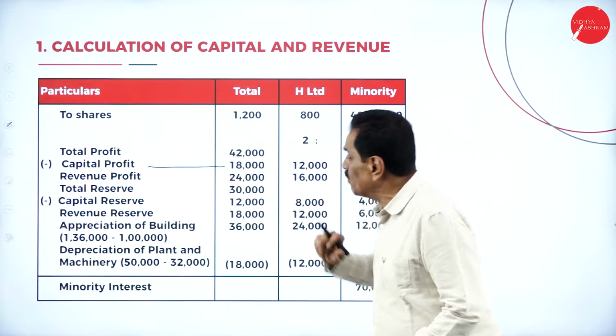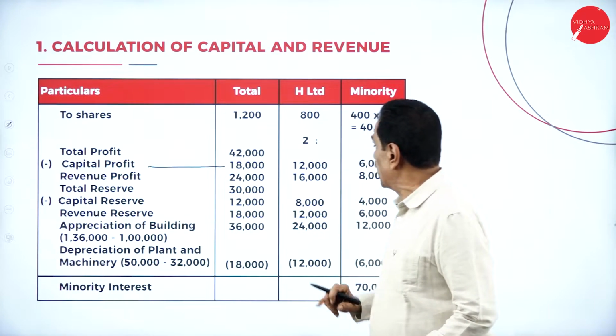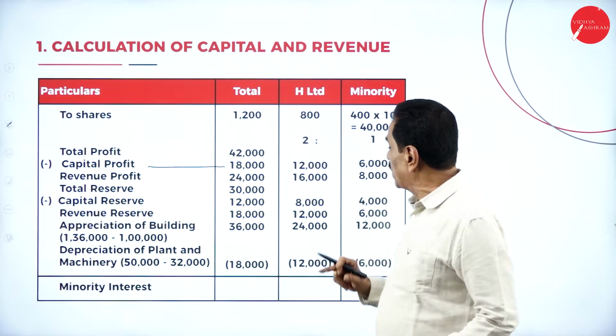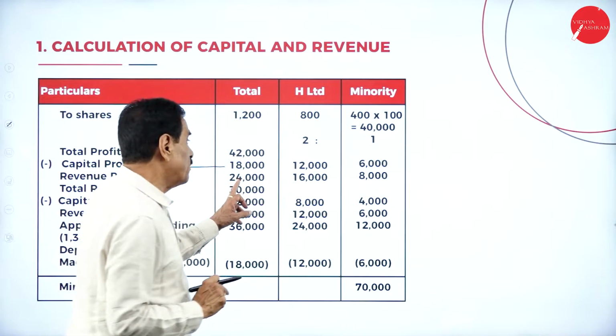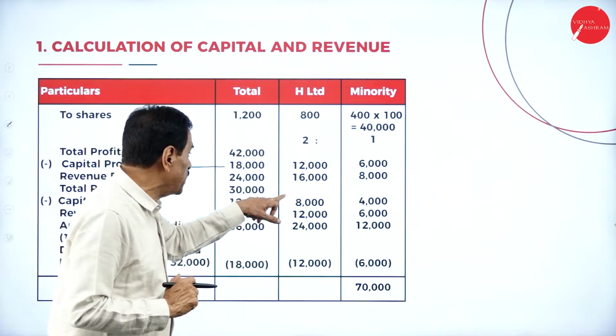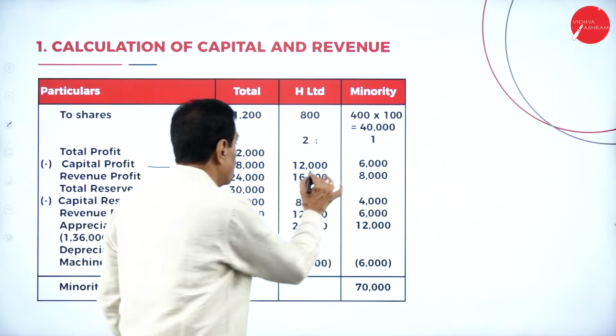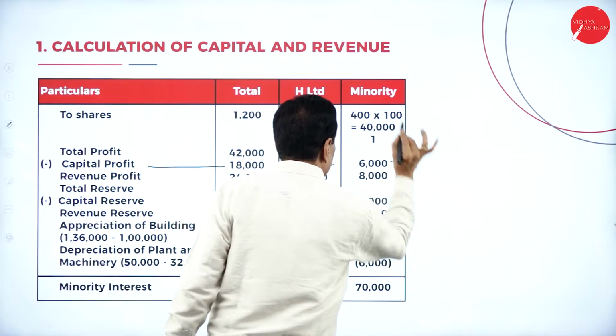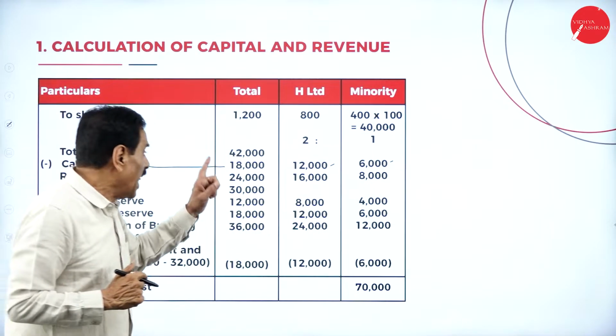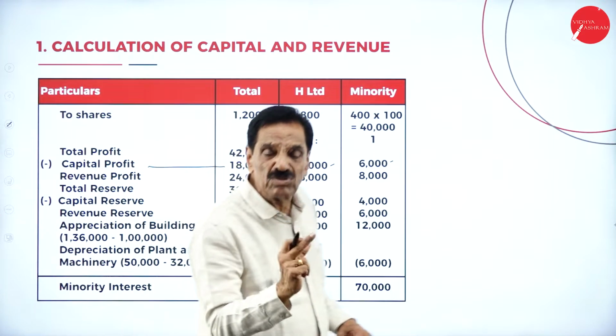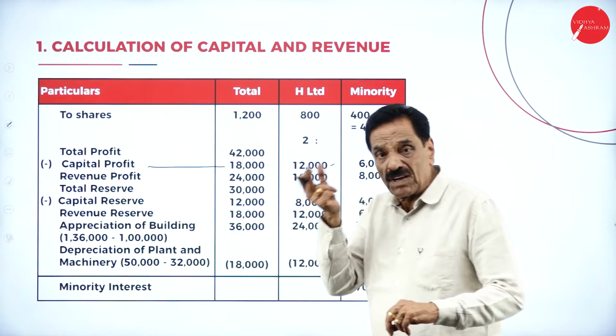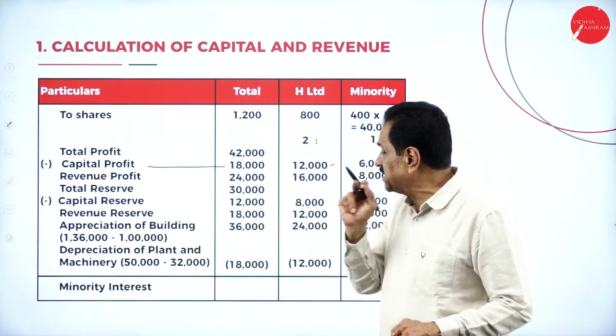So the remaining 24,000 is the revenue profit. This should be shared in the ratio of 2 is to 1. 2 by 3 of 18,000, 2 by 3, 6 are 6, so 12,000 goes to H Limited, 6,000 goes to minority. I distributed the 18,000 capital profit between H Limited and the minority.